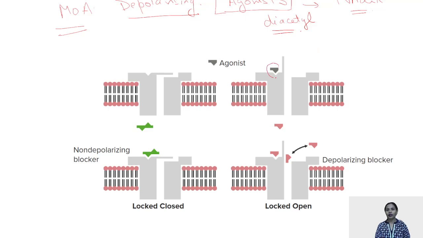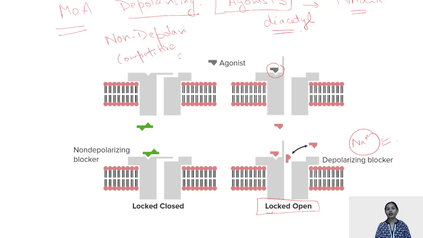This is depolarization. These are the agonists. They will open the channels. The sodium channels are open and eventually depolarization takes place. Now what happens in non-depolarizing agents? Your non-depolarizing agents are competitive antagonists.